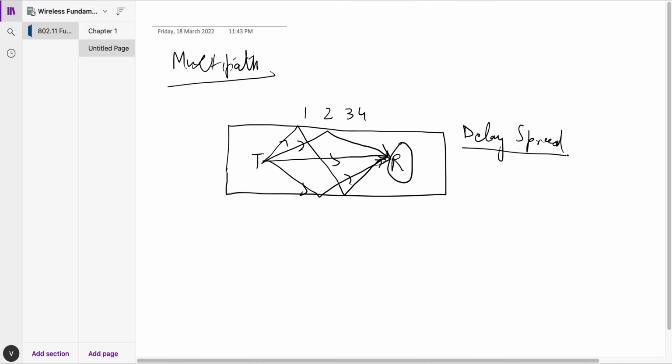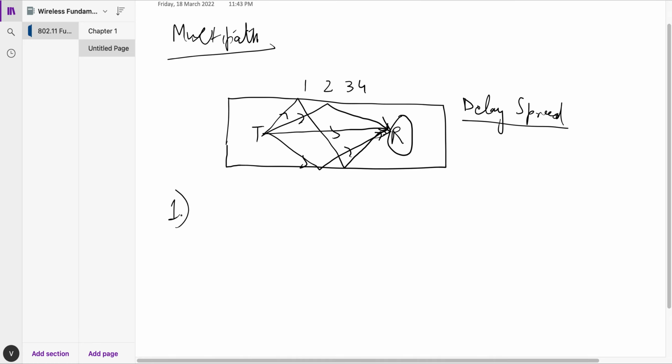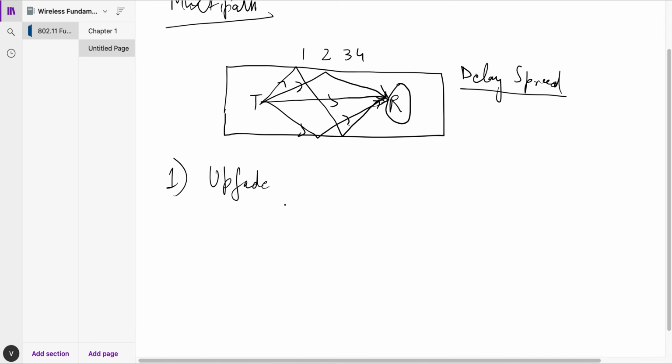Now the cool thing is that these four waves are responsible for carrying out four different things. The results can be fourfold. One is upfade. Let's say there are two waves reaching the receiver from the transmitter.